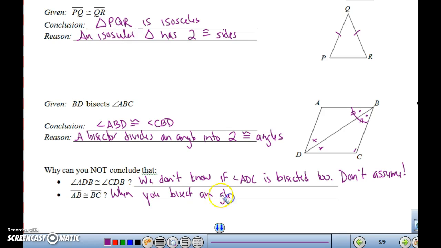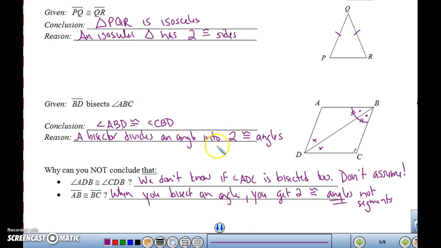The sides of the angle are not what is being bisected. You get two congruent angles, not segments.